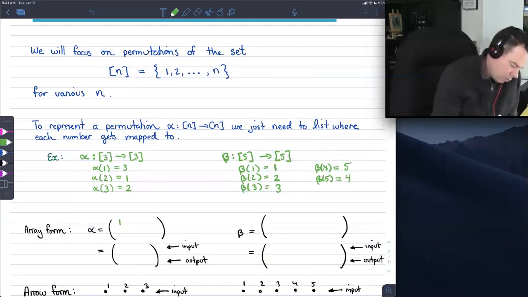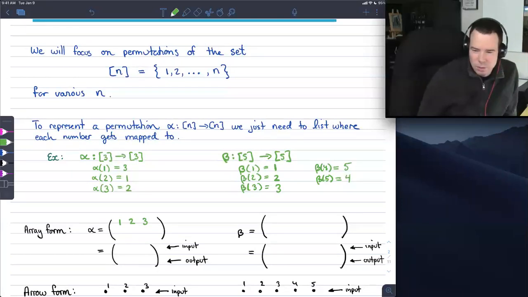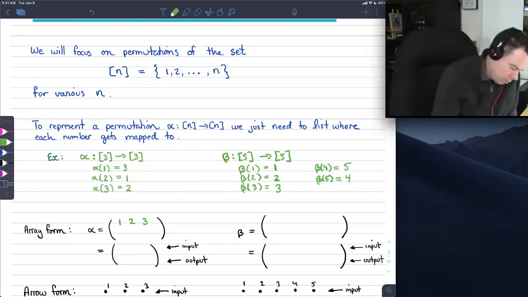So in array form, I just write down an array, or a matrix, of 2 rows, where the first row consists of all the input values, 1, 2, and 3, and the second row consists of the corresponding output values, so alpha of 1, alpha of 2, and alpha of 3.